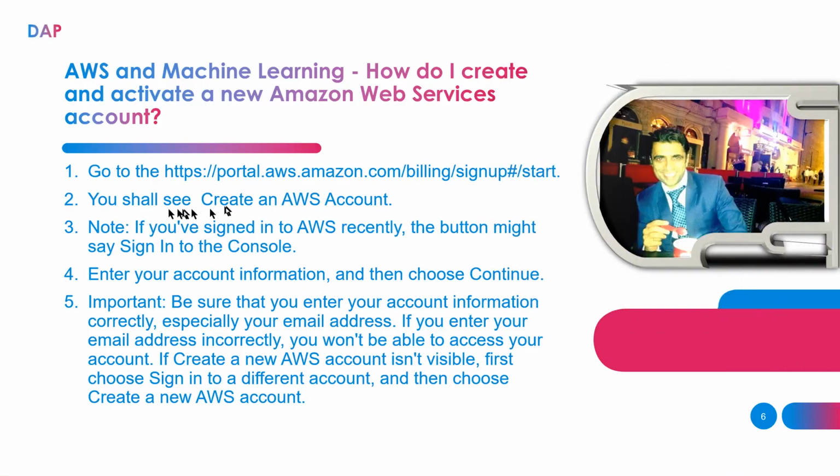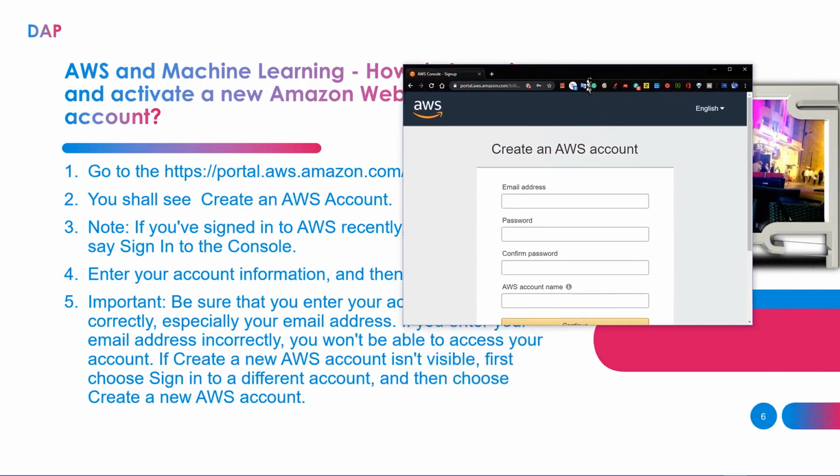As I showed you, you saw create an Amazon Web Services account. If you have signed into Amazon Web Services recently, then the button might say sign in to the console. So enter your account information and then choose continue, as I have shown you here.